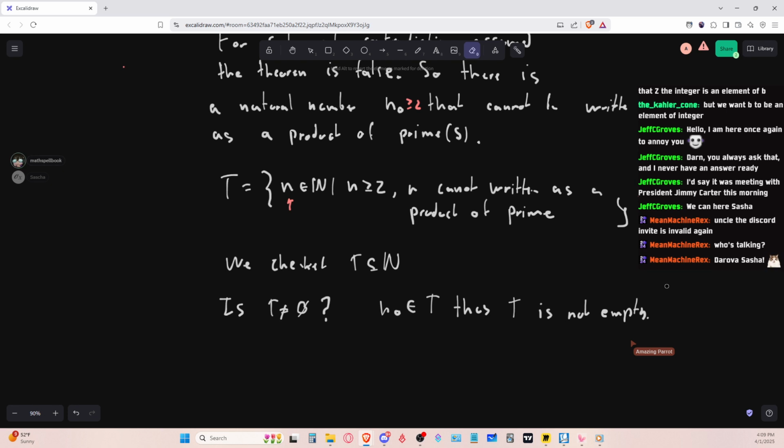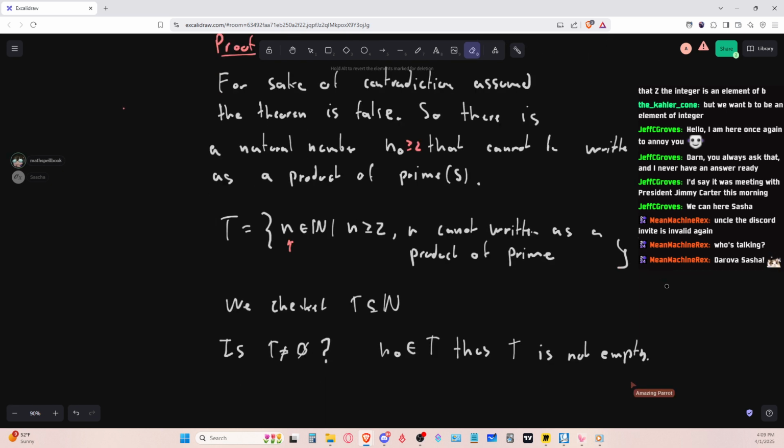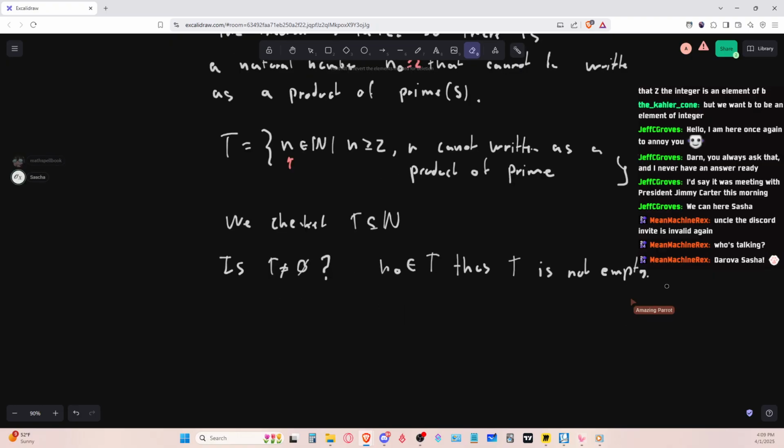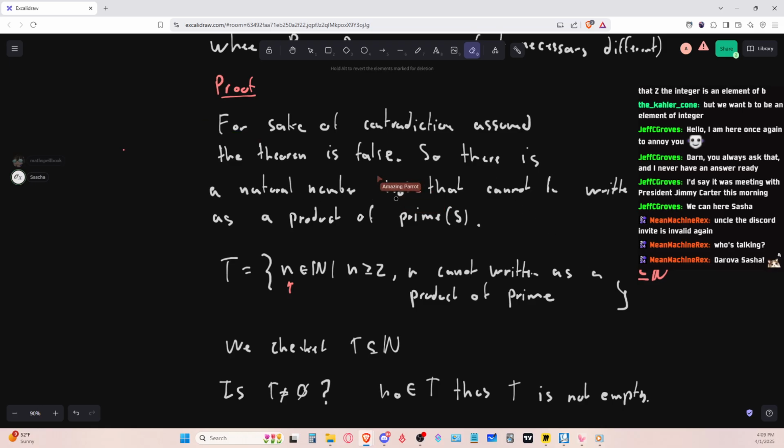So n naught establishes that it's not empty. That's why I had to rewrite the thing, because otherwise it would be hard to say if T is empty or not, since we hadn't assumed we were doing it by contradiction. So the fact that T is not empty comes from the assumption that the theorem is false.